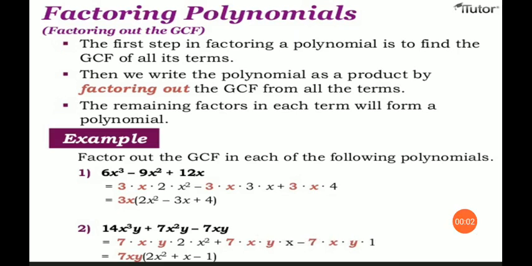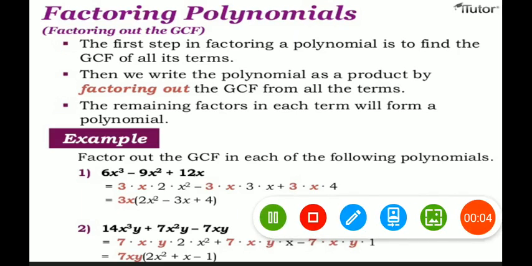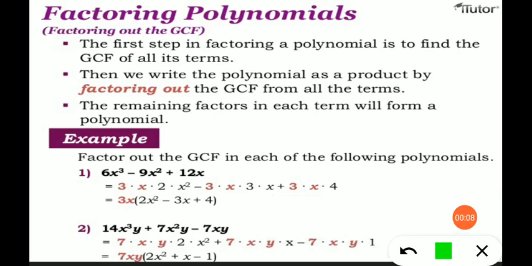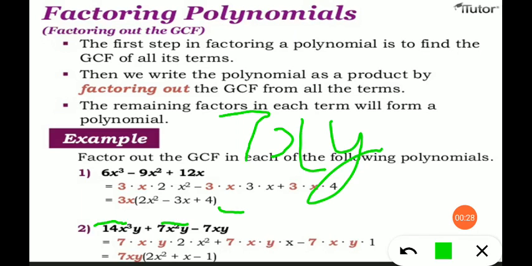Now, moving towards the second example, the terms of the polynomial are 14x cubed y plus 7x square y minus 7xy. So from here we can say that 7 is common in all these terms, x is common in all these terms, and y is also common.